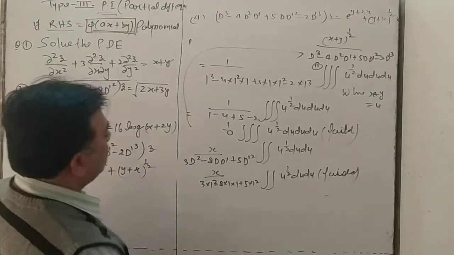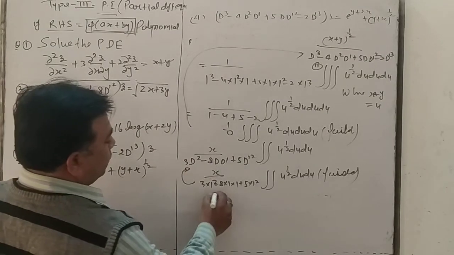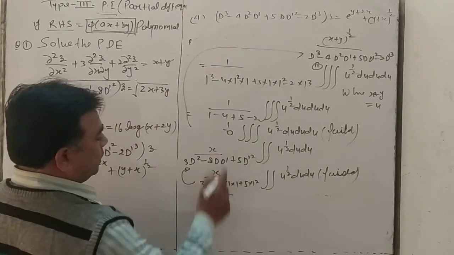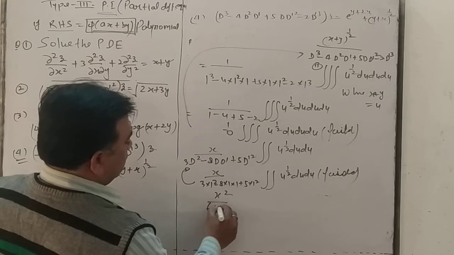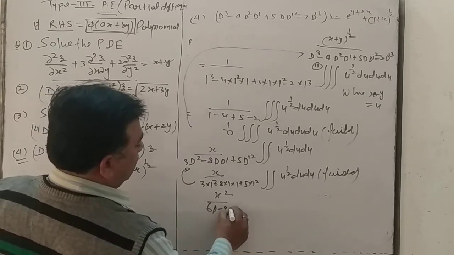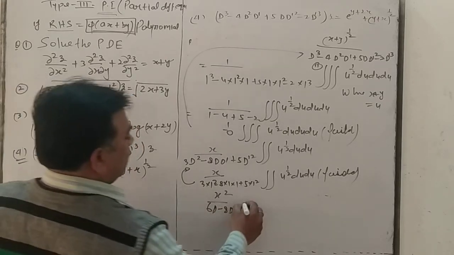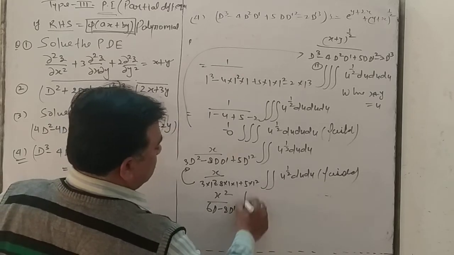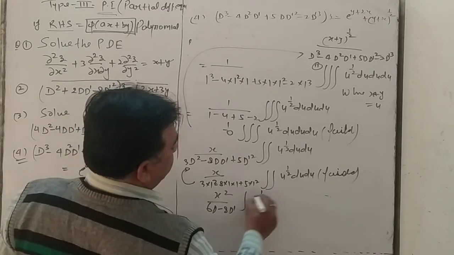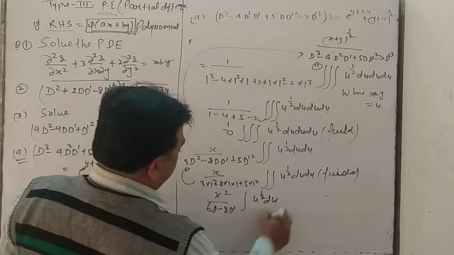So again differentiate, multiplying by x squared: 6D minus 8D dash, removing one more integration sign, a single integration of u to the power 1/2 du.